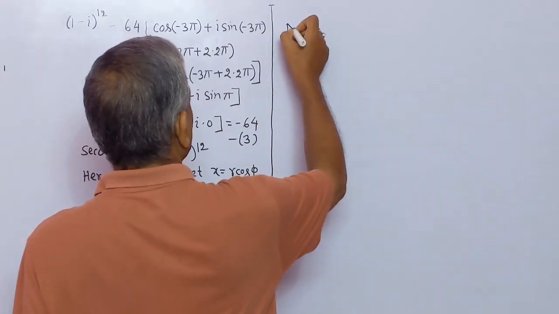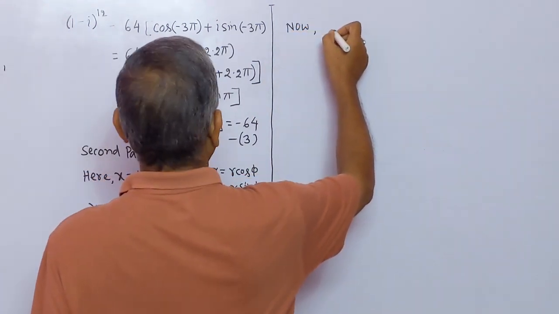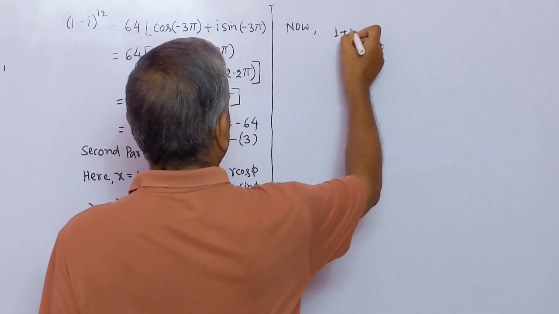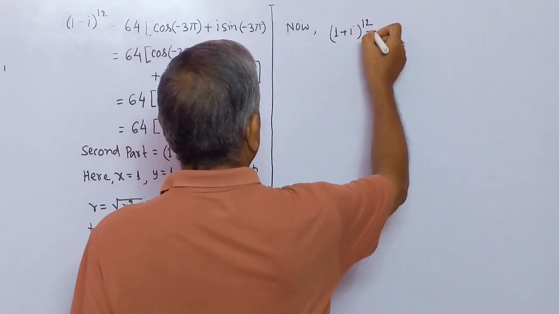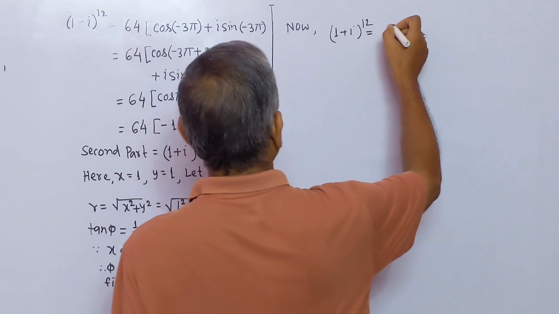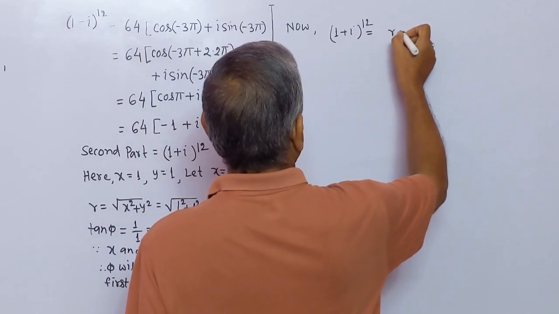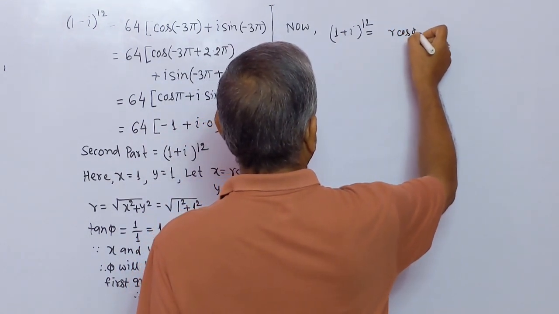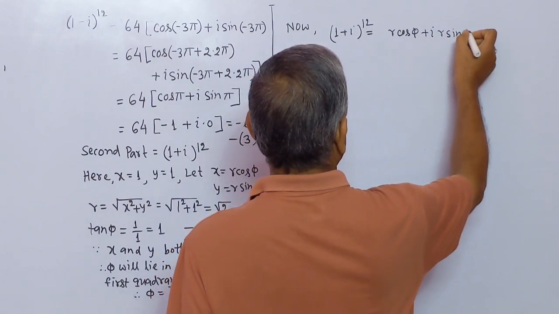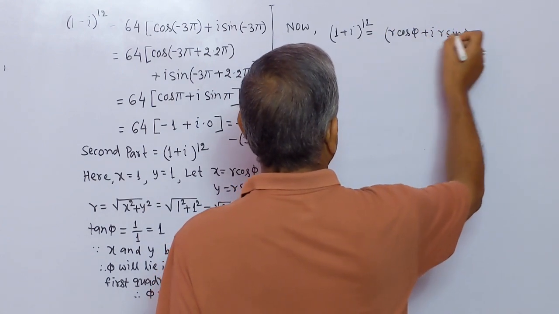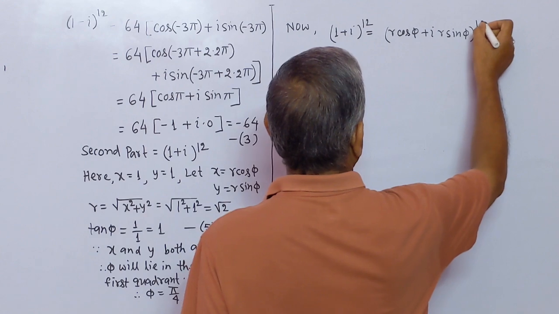Now (1 plus i) to the power 12 equal to (r cos phi plus i r sin phi) to the power 12.